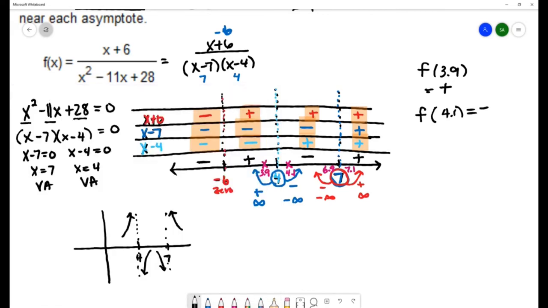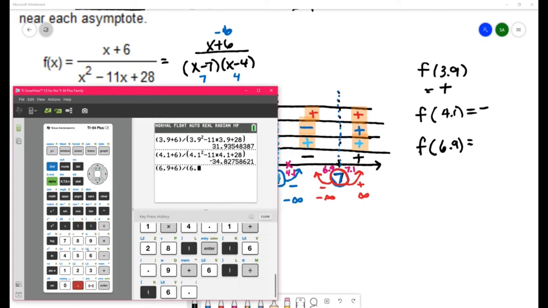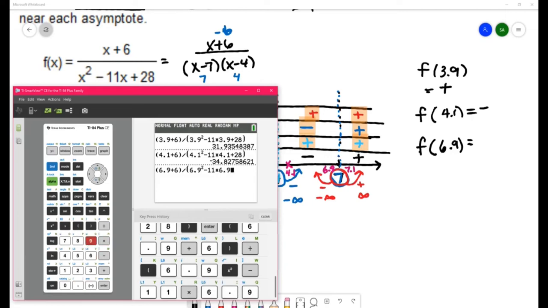Then we do f of 6.9. We have 6.9 plus 6 divided by 6.9 squared minus 11 times 6.9 plus 28. And we got a negative.